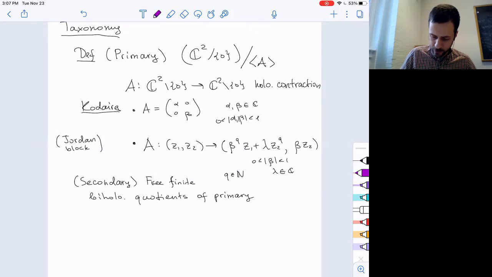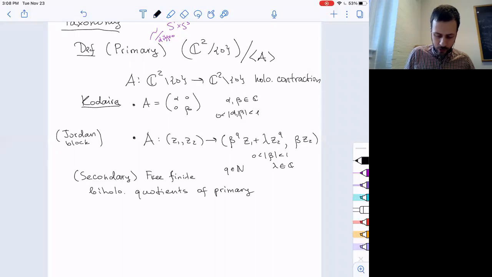Primary Hopf surfaces all are diffeomorphic to S1 cross S3, and Kodaira proved that any complex structure on S1 cross S3 is actually one coming from a primary Hopf surface. So these are understood.